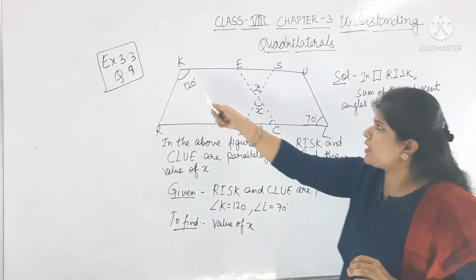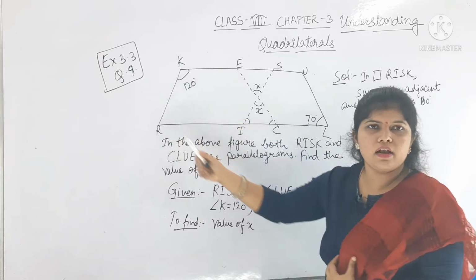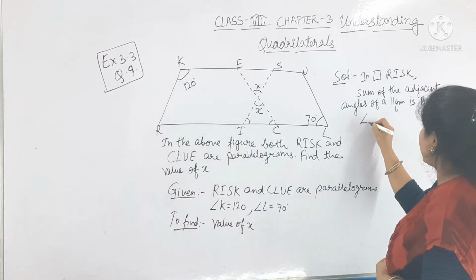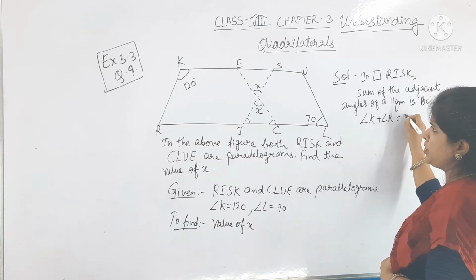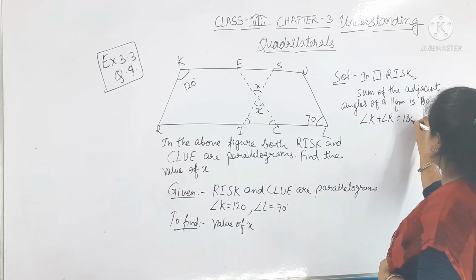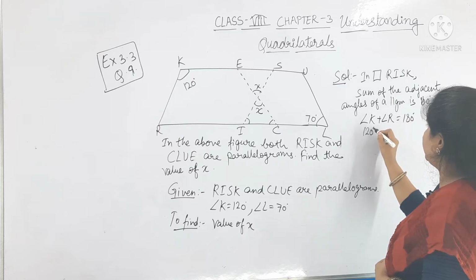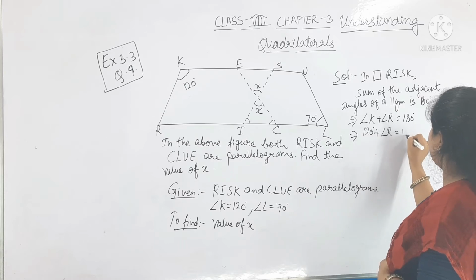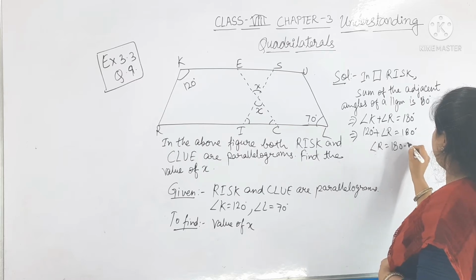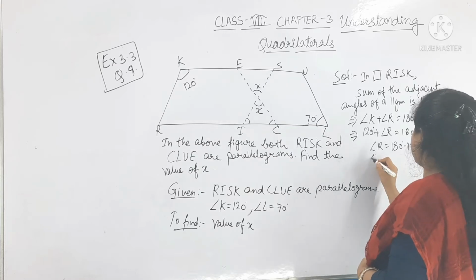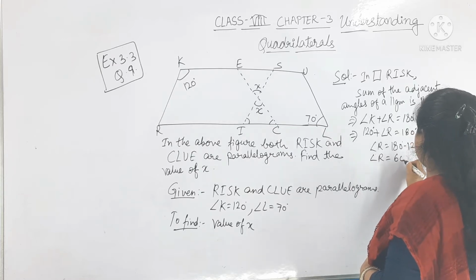So these are the adjacent angles, angle K and angle R. Angle K plus angle R is equal to 180 degree. So 120 degree plus angle R is equal to 180 degree. Angle R is equal to 180 minus 120 degree. This is angle R equal to 60 degree.